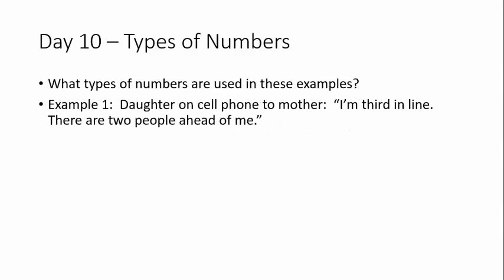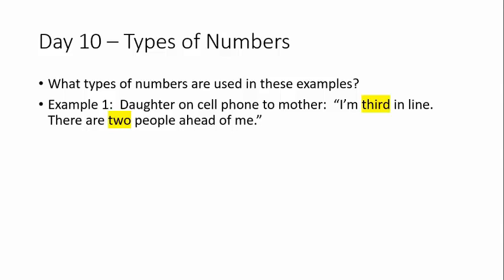Let's look at some applications and see if we can identify correctly the type of number being used. In this example, we have the sentence about a daughter on the cell phone to her mother. I'm 3rd in line. There are 2 people ahead of me. We actually have 2 uses of numbers here, 3rd and 2.